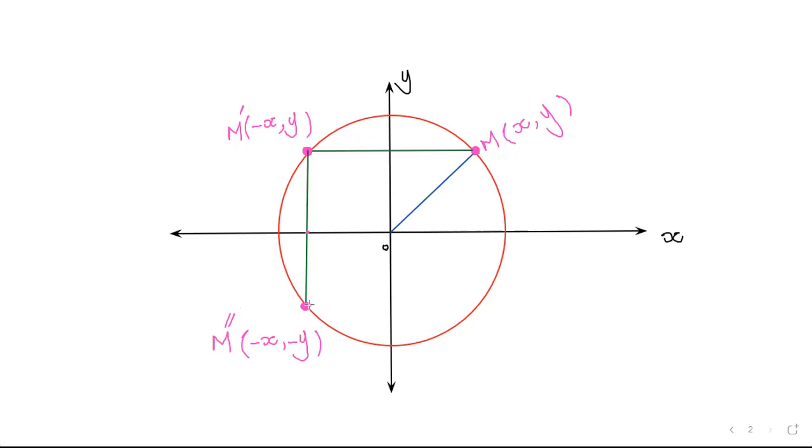Now I'm going to draw from M double prime a line parallel to the x-axis. It crosses this unit circle at another point, but be careful, I do not pass the unit circle because we know that outside of the unit circle, there is nothing interesting happening. Everything should happen within the circumference of that circle. That's why I do not continue that line beyond the intersection.